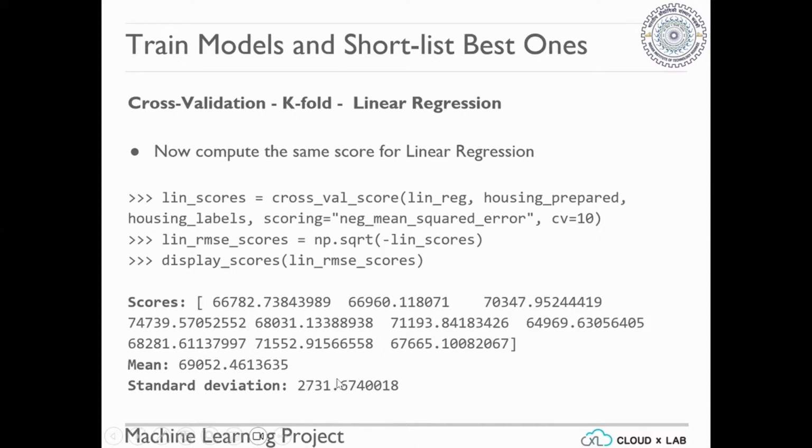This standard deviation is capturing the variation present in our error, because these are nothing but the 10 errors for the 10 different models that we are training 10 times, since we are using cross validation equal to 10. So the standard deviation is capturing the variation in these individual error numbers, right?